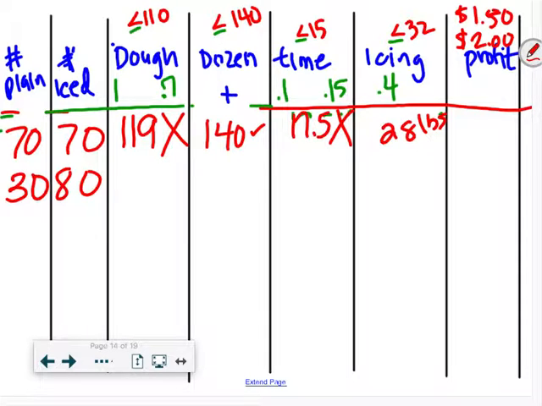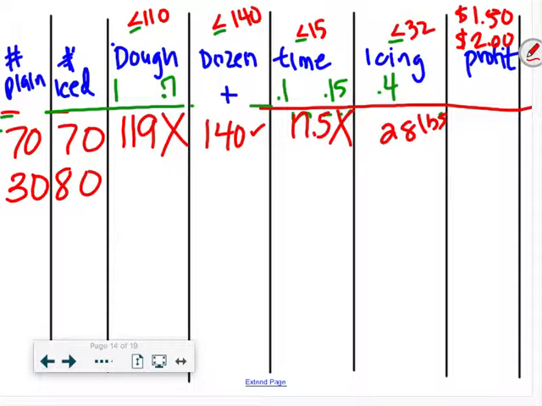So the maximum, if you can find a different combination that makes it. So everyone's testing a combo right now and seeing if it works.